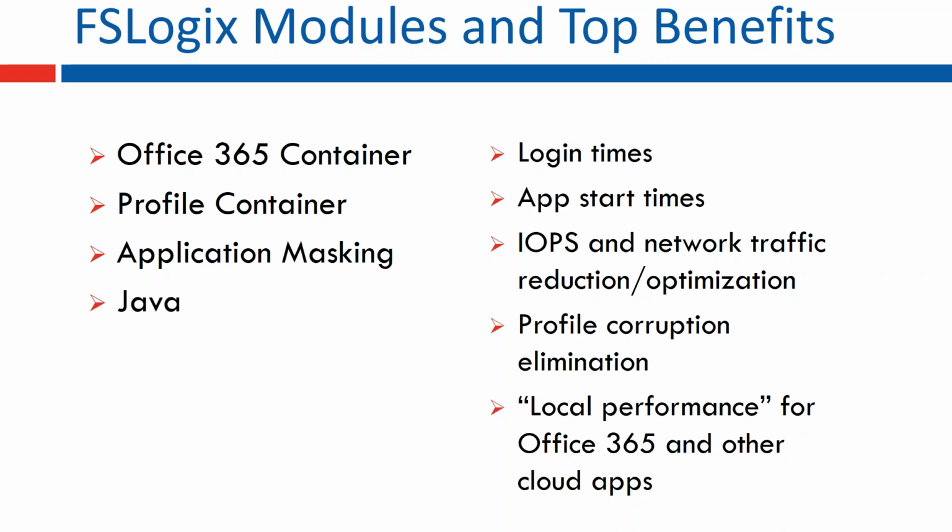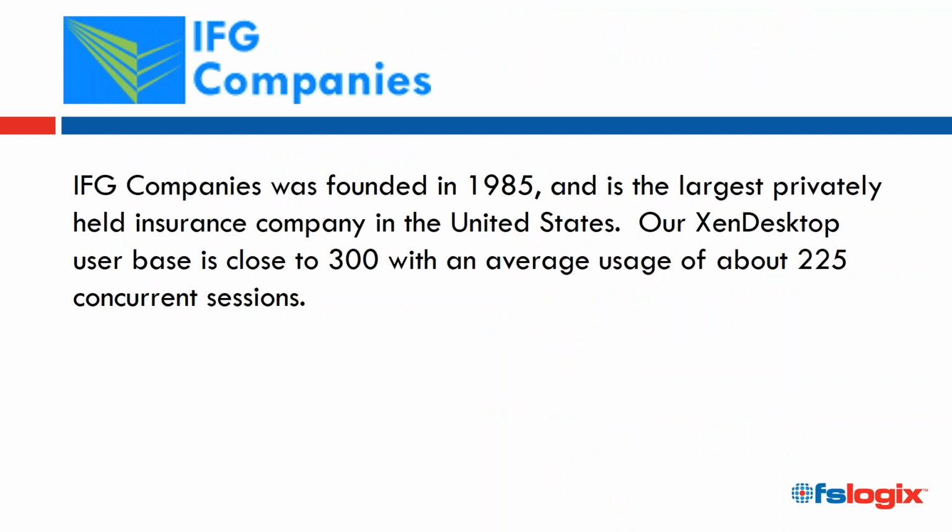That's FSLogix. Think of application virtualization without having to go through all those pains of building a completely separate mini operating system where you install that virtual application to make applications that don't work together work together. So let's go ahead and move on to the next slide, and we are going to hear from David Ott.